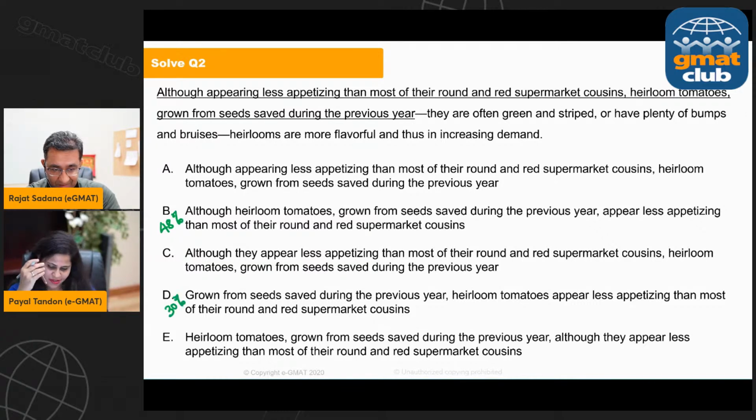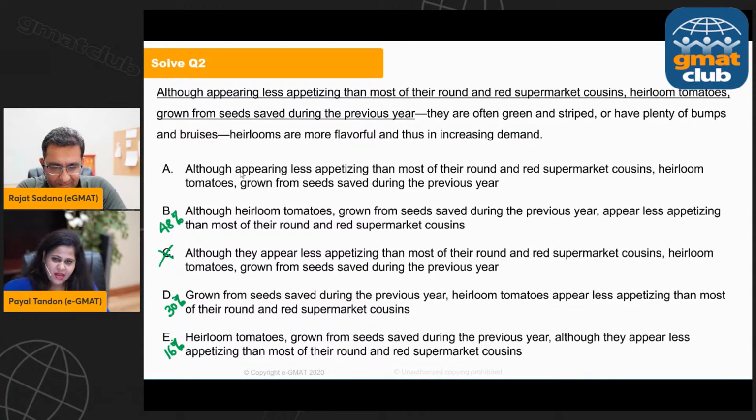Then there's another 16, 17% in E. No one has choice C. Choice A is the remaining, about 4 to 5% or so.